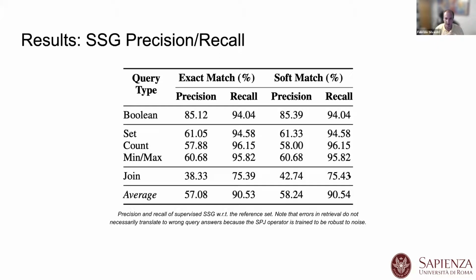So basically, soft match means we look at the answers and we try to see if they are close or not. So in some cases, results are better, in particular in terms of precision, but in general, they are not that different.